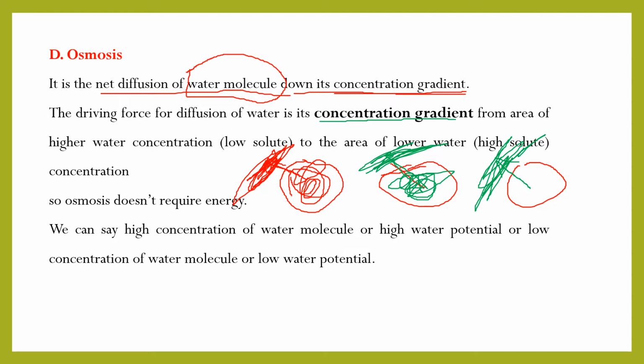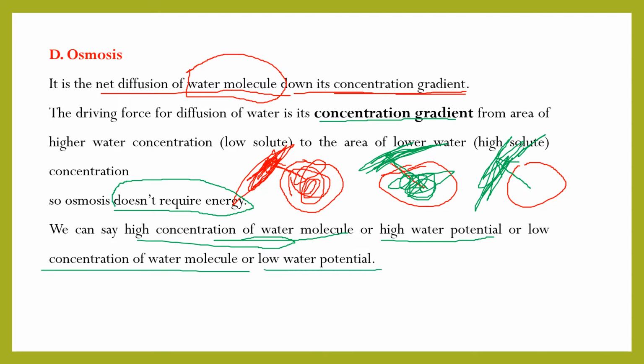So osmosis doesn't require any expenditure of energy. You can say high water concentration or high water potential, low water concentration or low water potential. So these phrases can be used interchangeably.